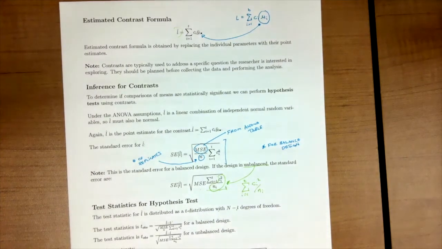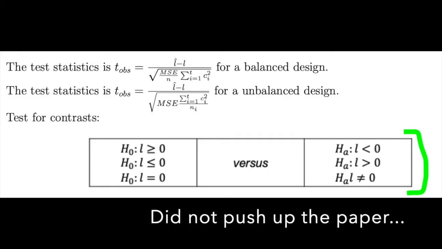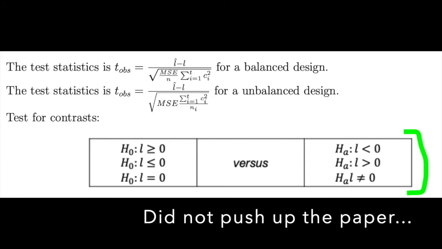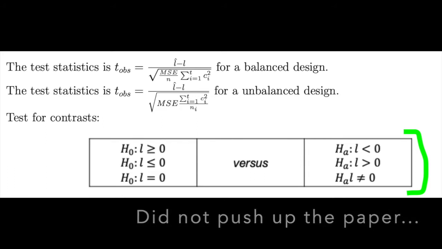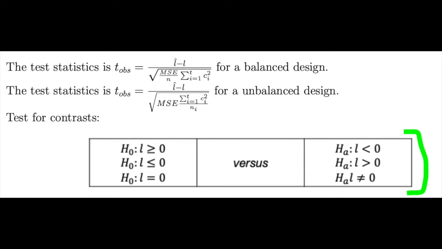Typically, L is set to 0, and we're looking at these types of hypotheses. So we have a one-sided or a two-sided hypothesis test. This is very similar to a two-sample t-test, but they're not exact. It's not exactly like a two-sample t-test because we have more than 2 groups.